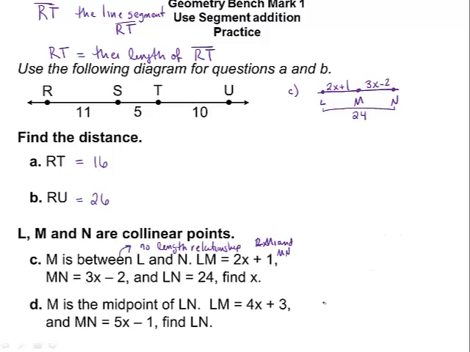So if we're talking about this is the length of the segment, M could be here, M could be here, M could be anywhere. So when this happens, instead of being equal to each other, I'm going to add them together to equal the whole thing. So when you see that word between, the two pieces get added using segment addition to equal the whole length.